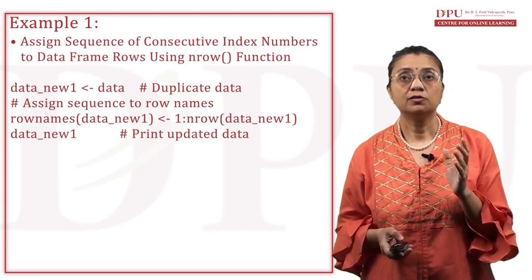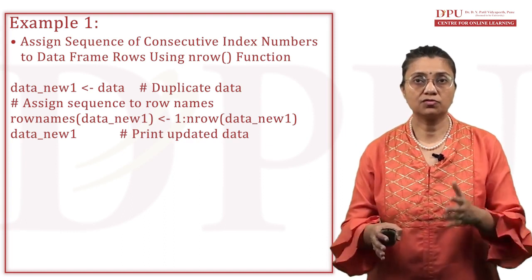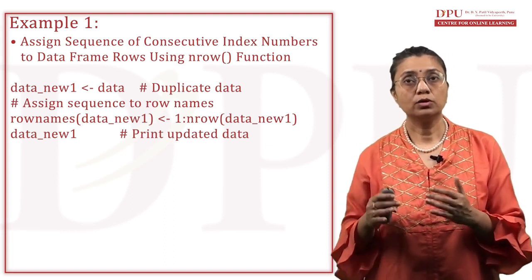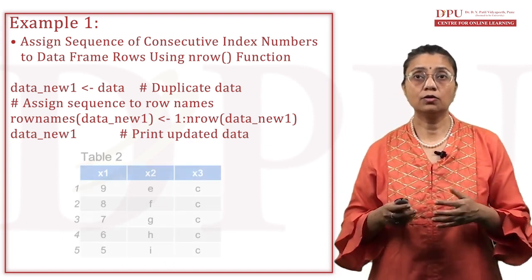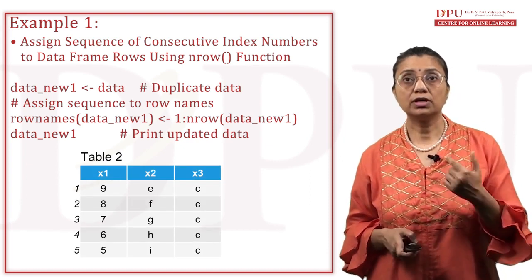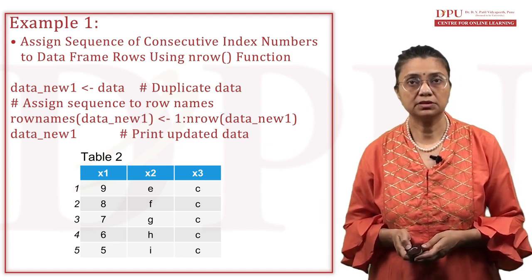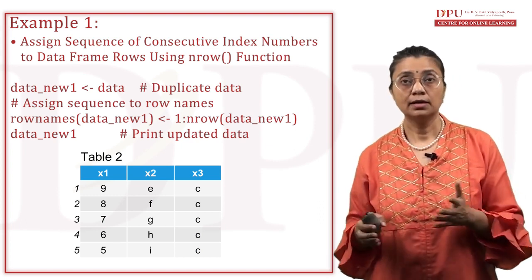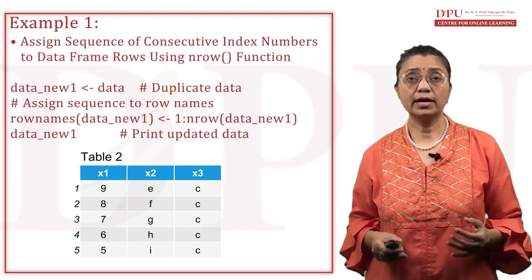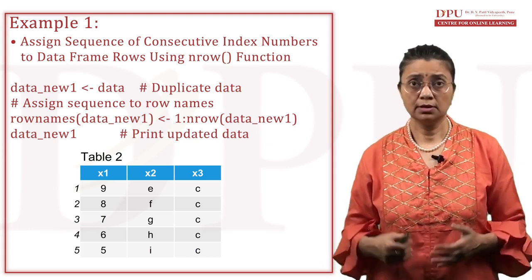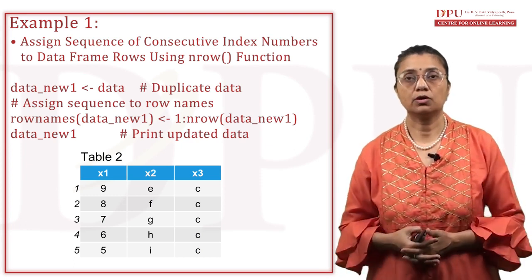On that data, we are assigning row numbers from 1 to nrow(data_new1). The nrow function is used to give a sequence of consecutive index numbers. So we have assigned from 1 till the number of rows, and then we write data_new1, which prints the desired table on the screen.